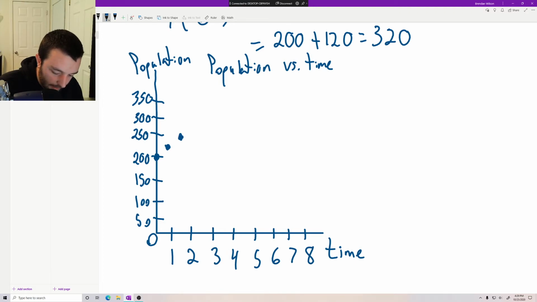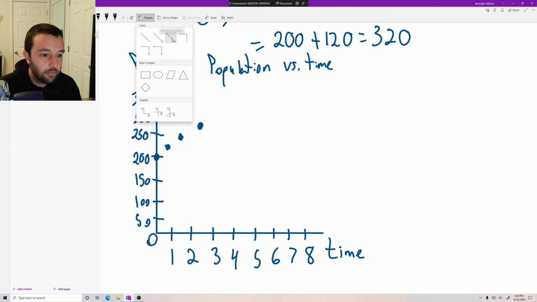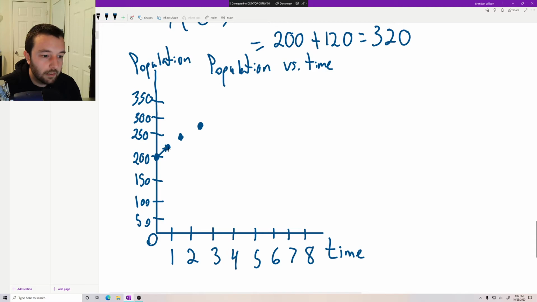At time 3, it's 260, so that's like right here. And eventually it should look like a straight line. I can't draw it perfectly here, but it should eventually look something like this. Okay.